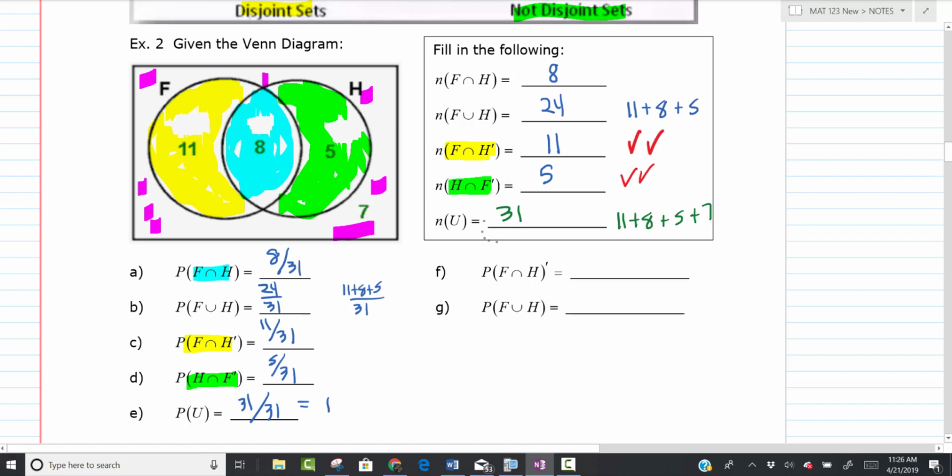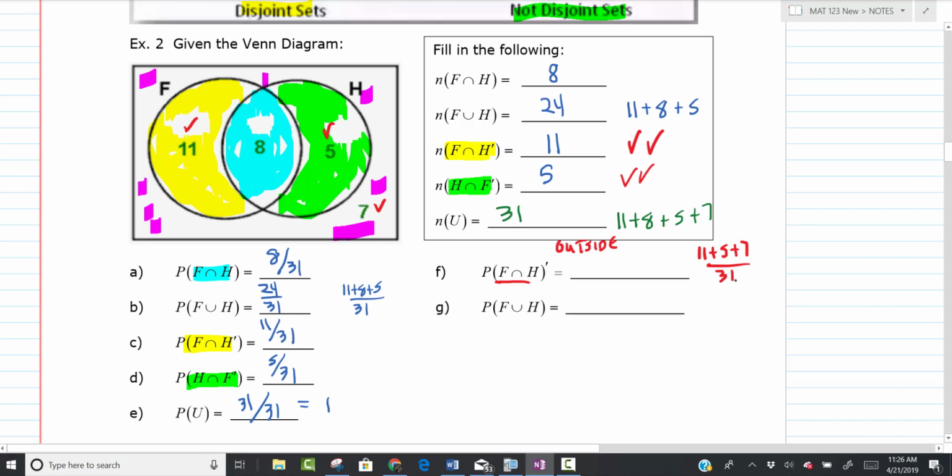Now for this next one I'm going to use the check mark approach too. Since that's a complement, it's everything outside of the intersection. If you're outside of that intersection 8, then you're considering those 3 numbers. To work this out, you would do 11 plus 5 plus 7 out of 31.